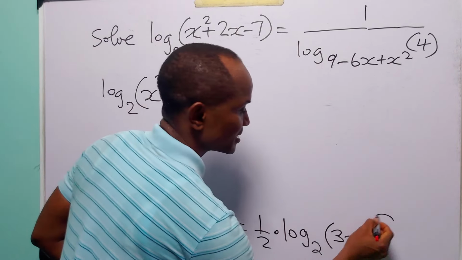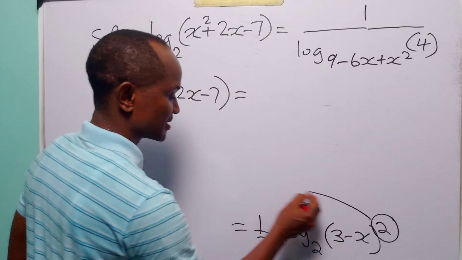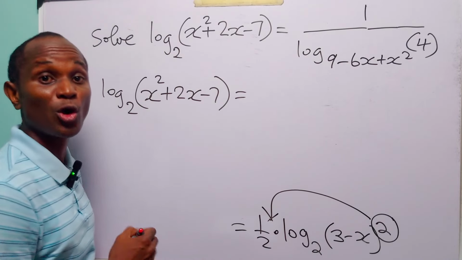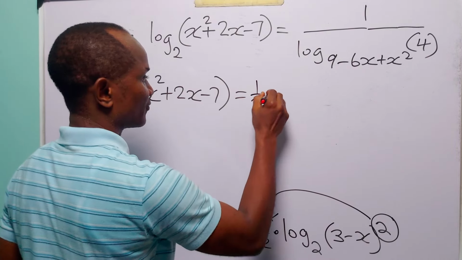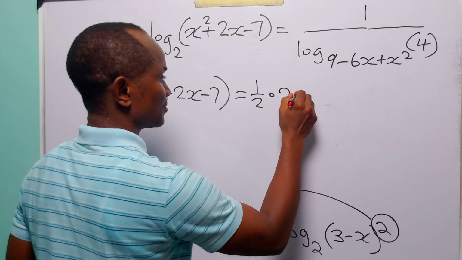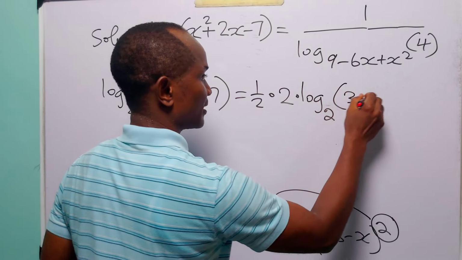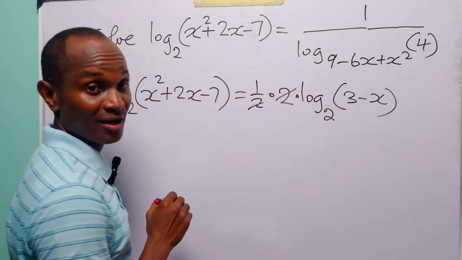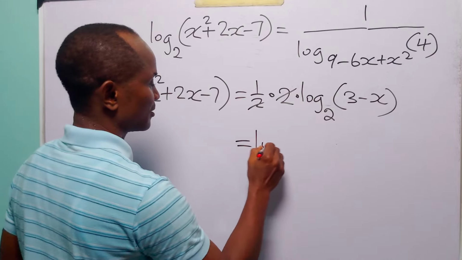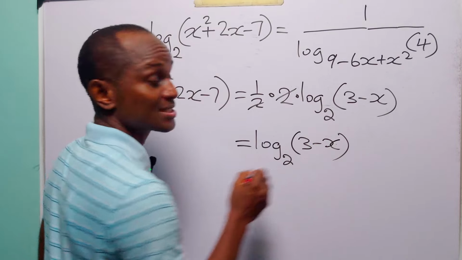That is the rule that says that we can bring down this exponent, the exponent of 3 minus x, to the front to become a multiplier. When we do that, we have half times 2 times log to base 2 of 3 minus x. Of course, this is going to take care of that, leaving us with log to base 2 of 3 minus x.